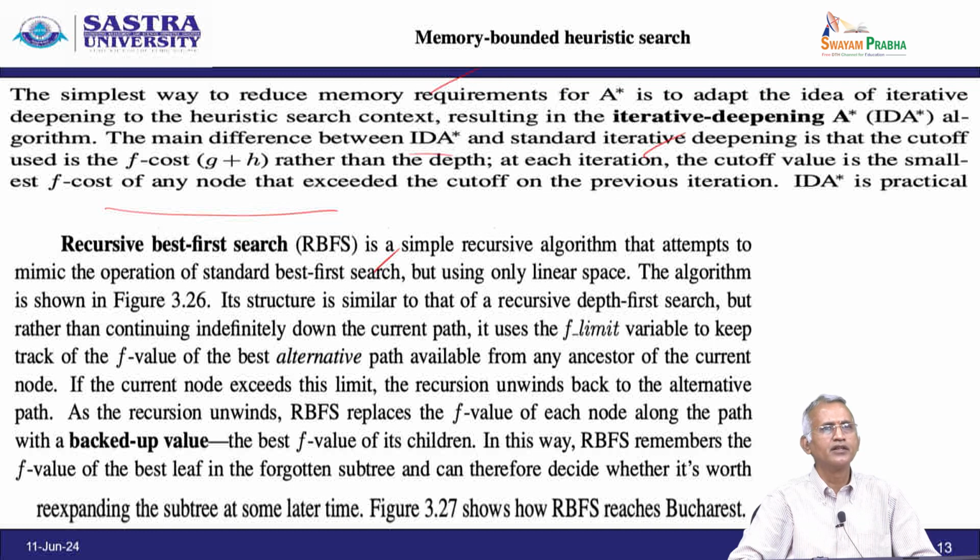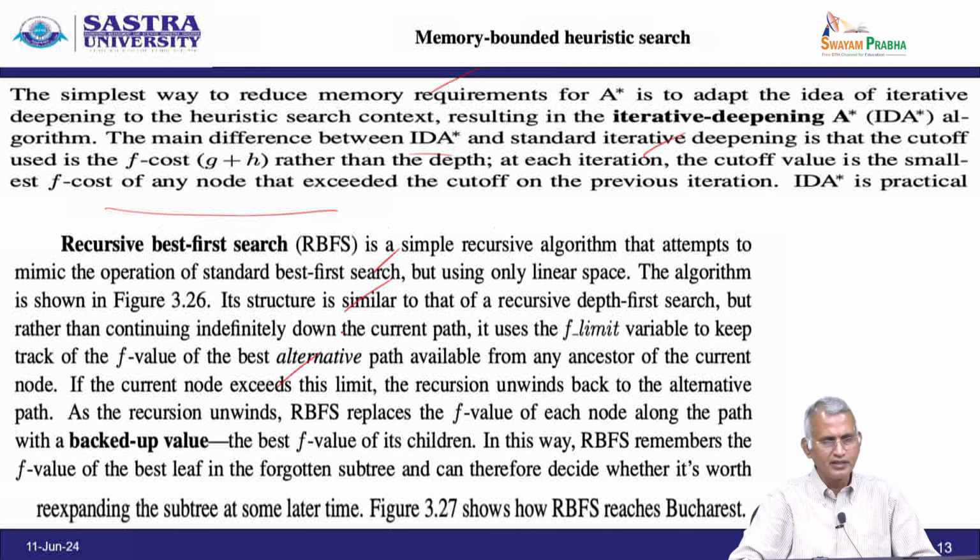The algorithm shown in figure 26 has a structure similar to the recursive depth first search, but rather than continuing indefinitely down the current path, it uses the f_limit variable to keep track of the f value of the best alternative path available from any ancestor of the current node.